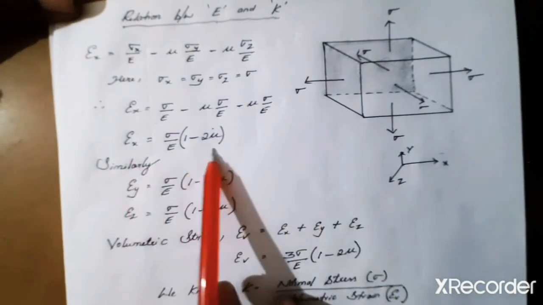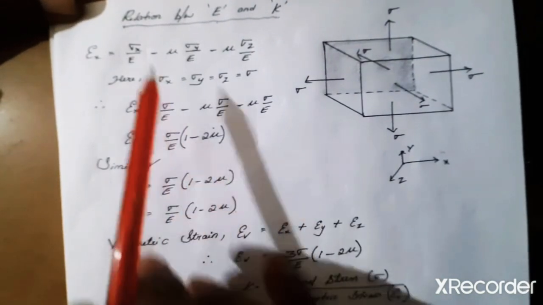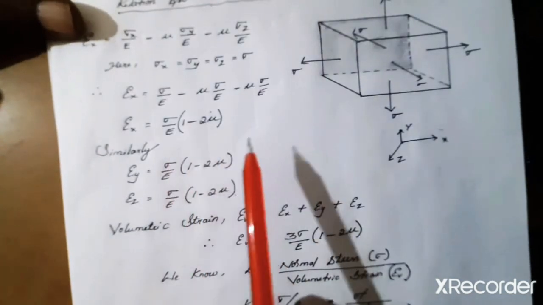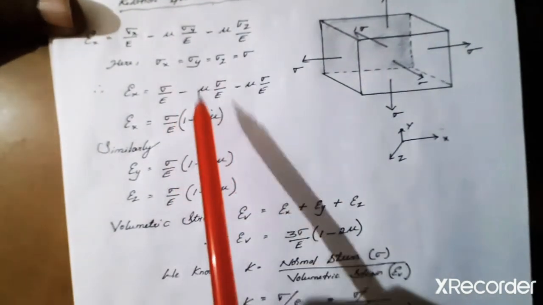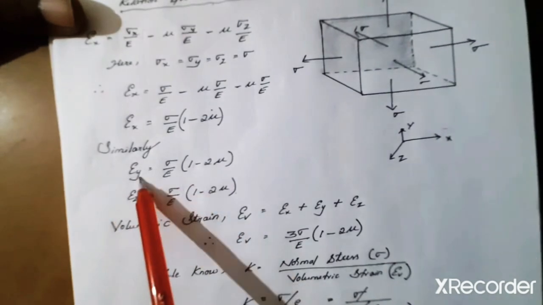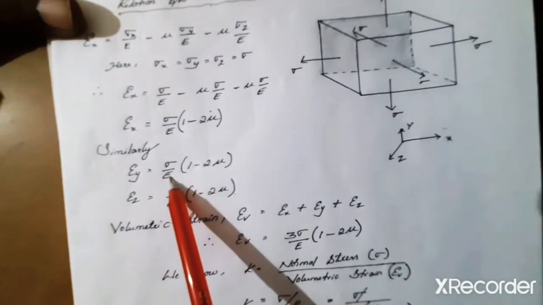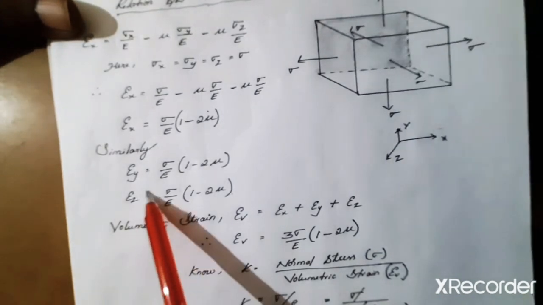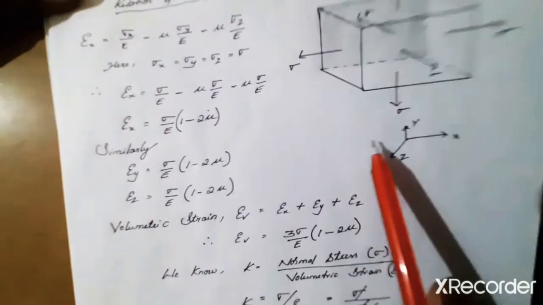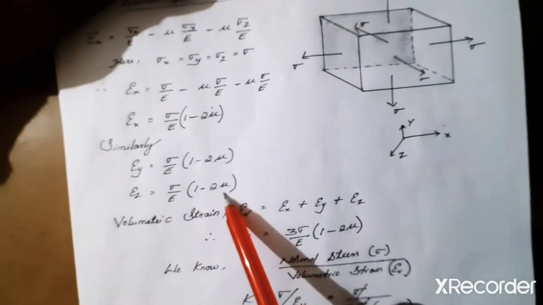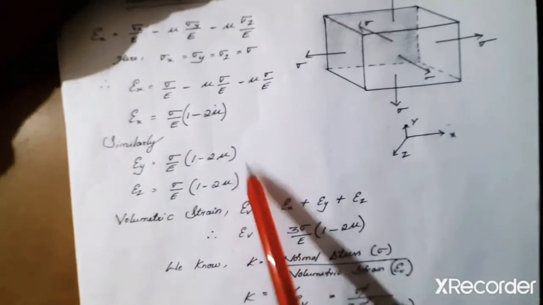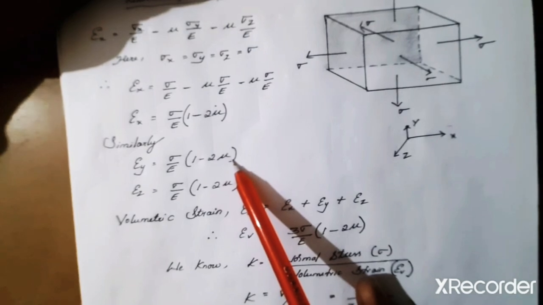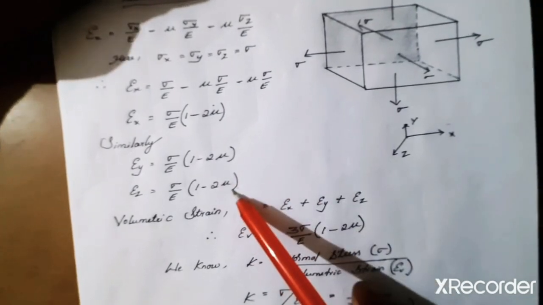Similarly, we can write the similar expression for y also, and on simplification you get epsilon y equals sigma by E into 1 minus 2 mu. Similarly, in z direction, epsilon z equals sigma by E into 1 minus 2 mu. So this is the net strain in x, y and z directions.